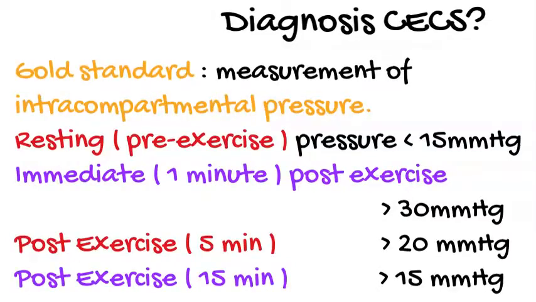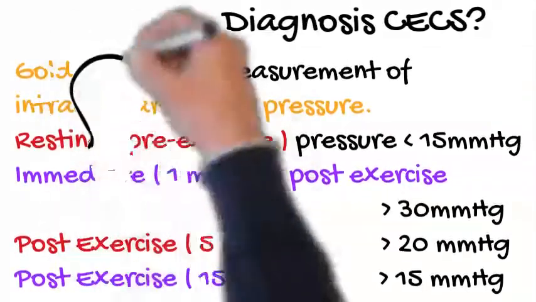Post-exercise pressure at more than 5 minutes will show more than 20 mmHg. Post-exercise pressure at 15 minutes will show more than 15 mmHg.